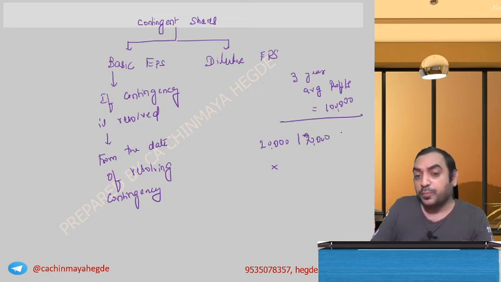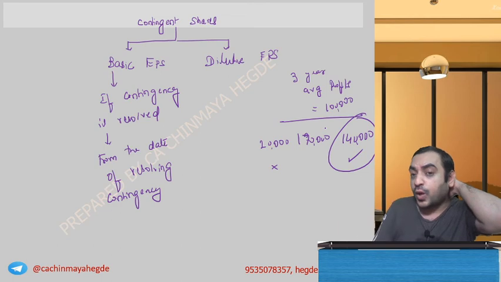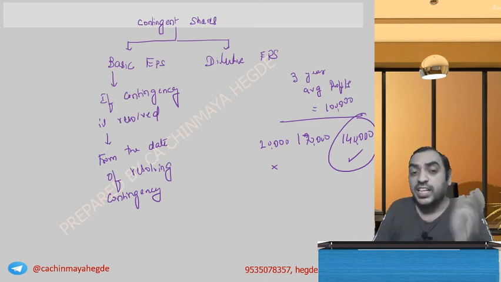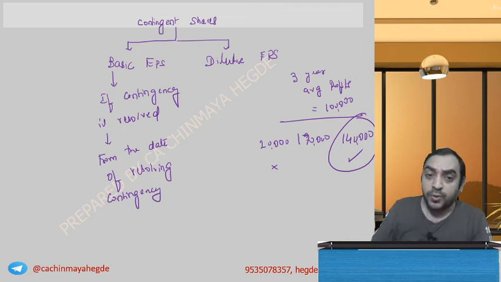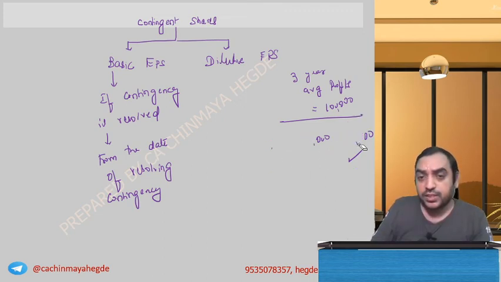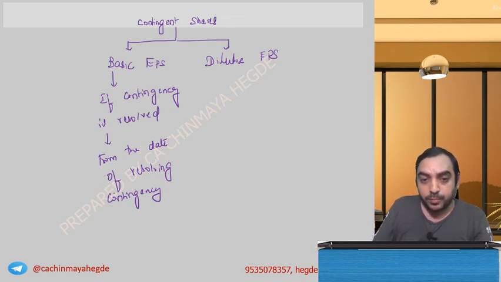Third year you make a profit of 1 lakh 40,000. In the third year your average profit has crossed 1 lakh. So in the third year it will be part of basic EPS, from the date on which it is issuable, proportionately for the number of months, of course.